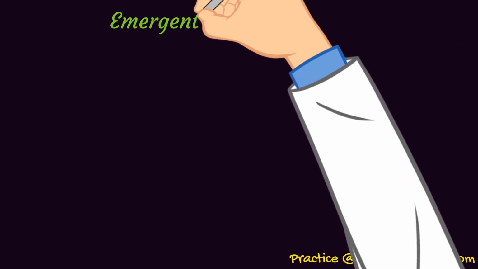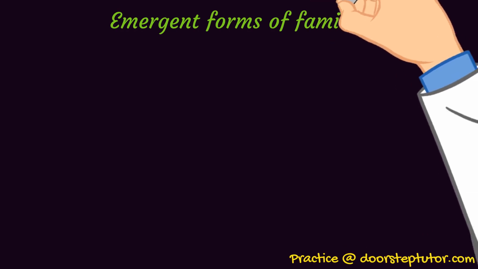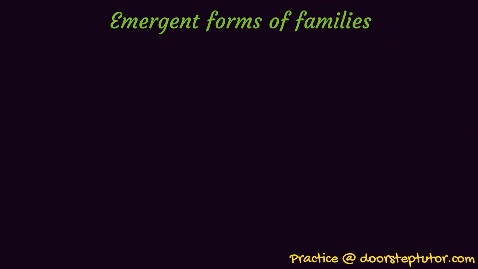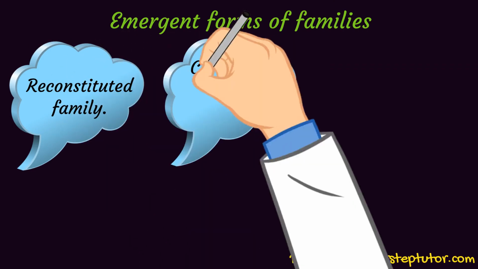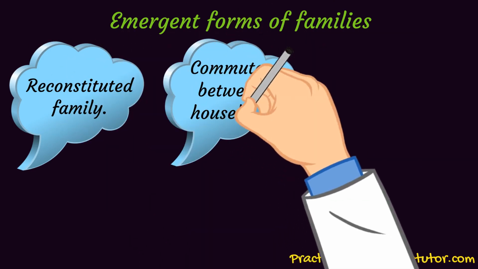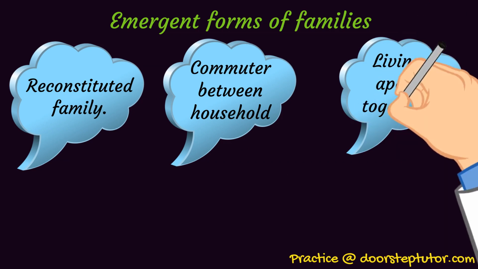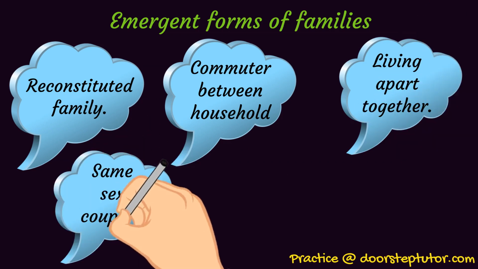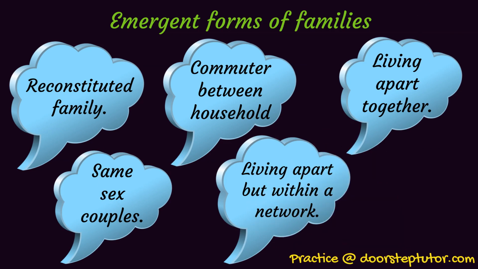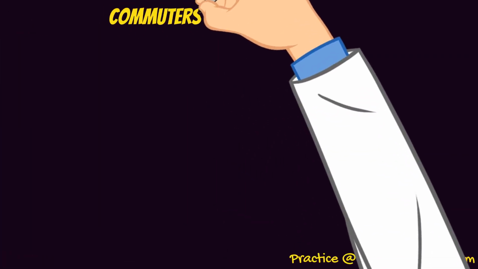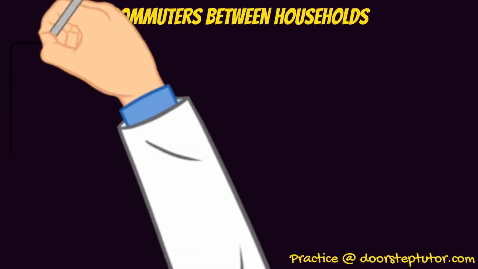There are different types of families, but with modernization, new forms of families emerged, like reconstituted family, commuter between household family, living apart together family, same-sex couples family, living apart but within a network family. And we are going to discuss this family in a little detail. First, it is commuter between household.